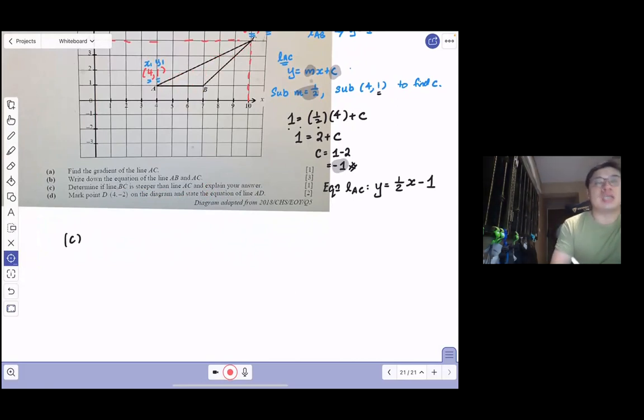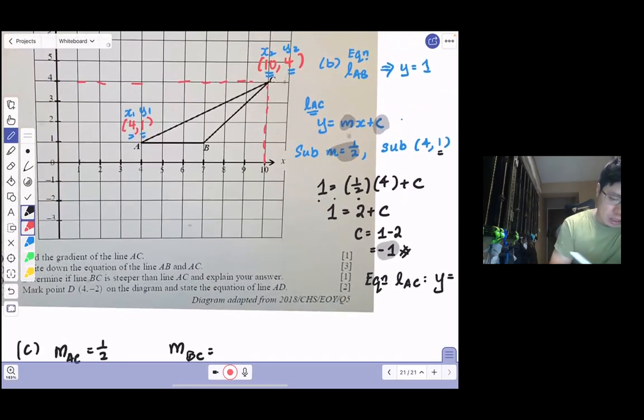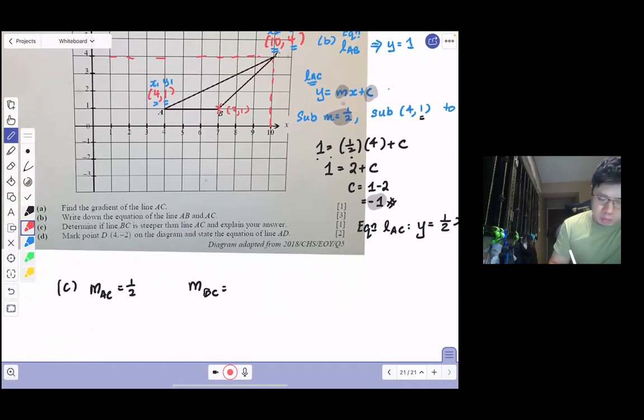The gradient of AC is half. To find the gradient of BC, we need 2 points. B is (7, 1). So the gradient of BC is (y2 minus y1) over (x2 minus x1), which is 3 over 3, equal to 1.